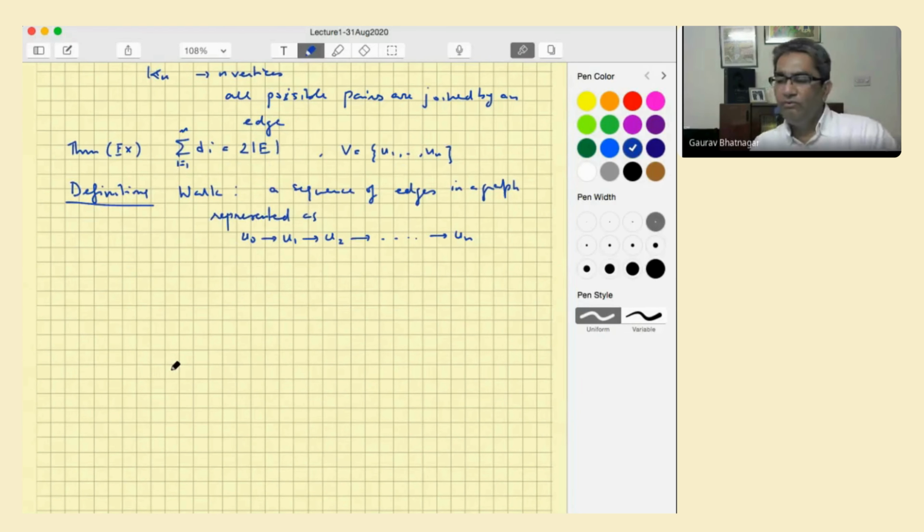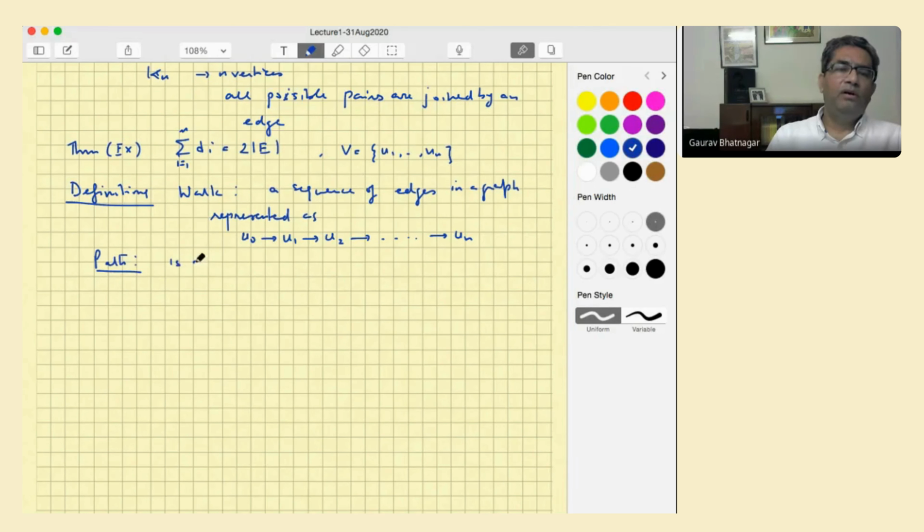A path is a walk such that all vertices are distinct, except possibly the first and last.